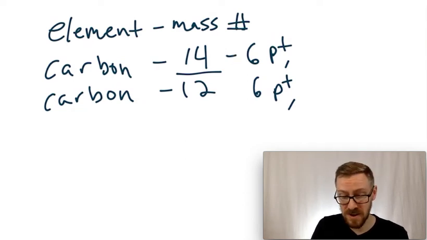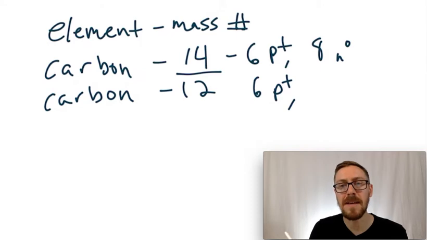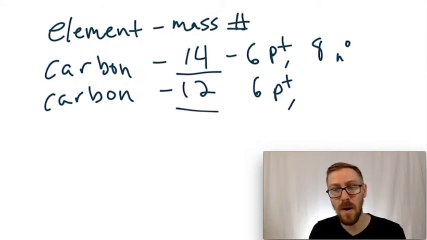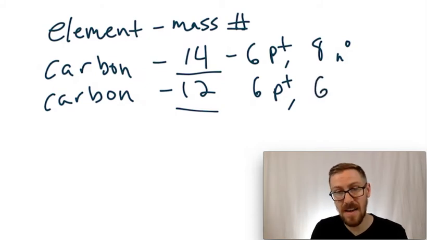And so for carbon-14, we get 8 neutrons. The N with a little 0 in the superscript means neutrons. Carbon-12 has a mass of 12. And we know out of that 12, you get 6 protons. So that leaves 6 left to be neutrons.